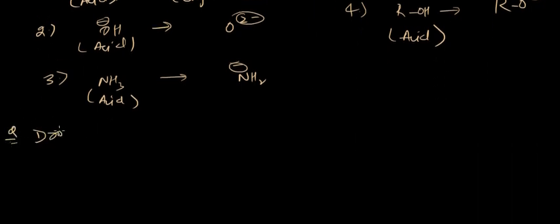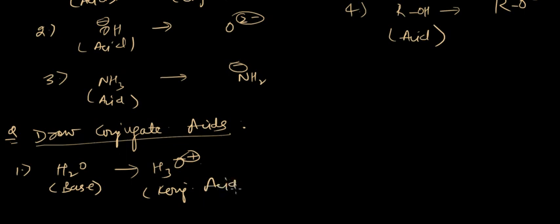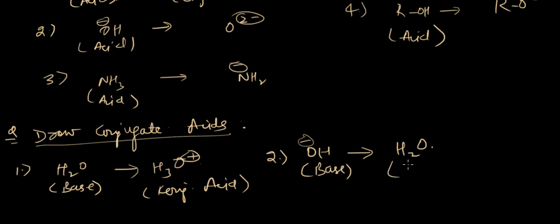Okay, so the next example, you need to draw just the opposite. Draw conjugate acids. If I am telling you to draw conjugate acids of the following, what should come to your mind? That this should be considered as a base, so it would be accepting H plus to form itself conjugate acid. Second example, you need to draw conjugate acid for this. For conjugate acid, it should be a base, it should accept one H plus ion.